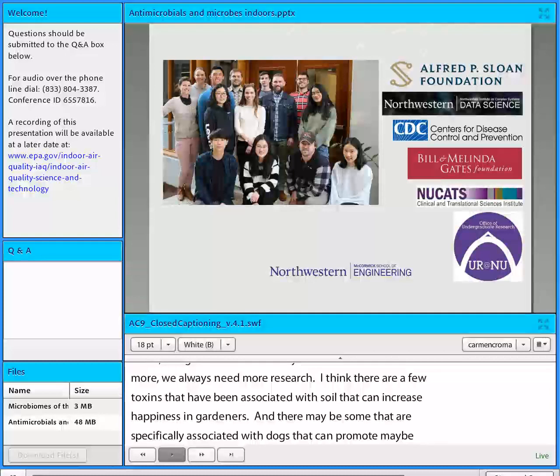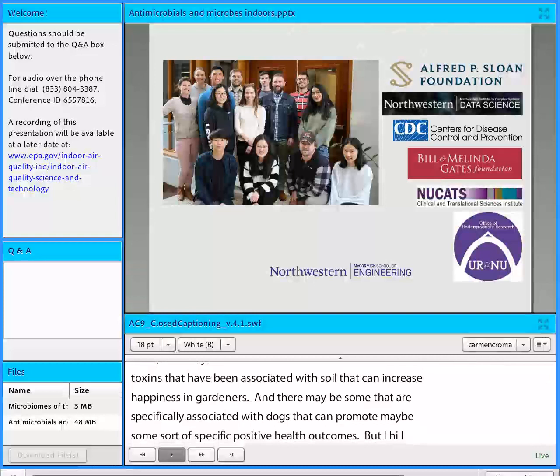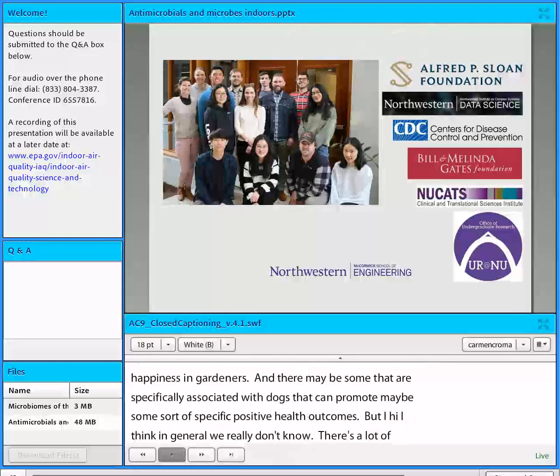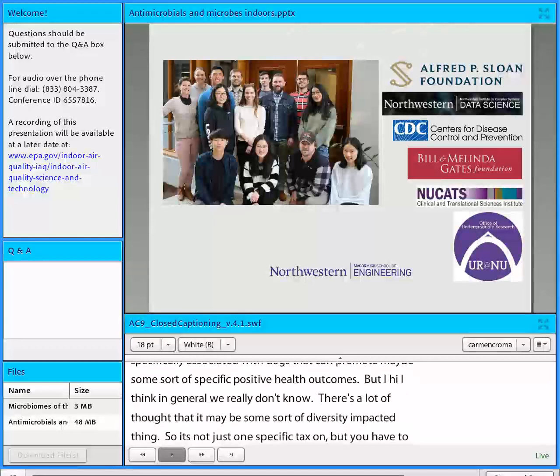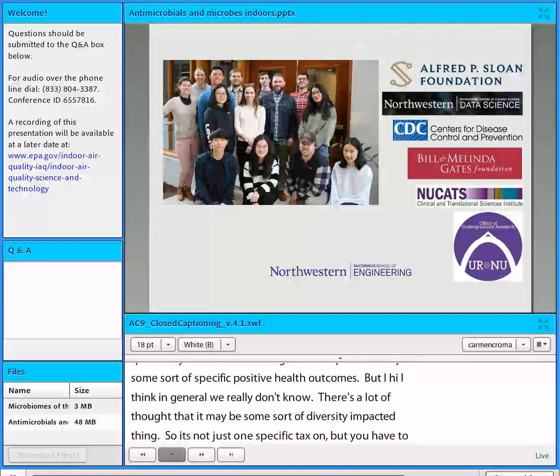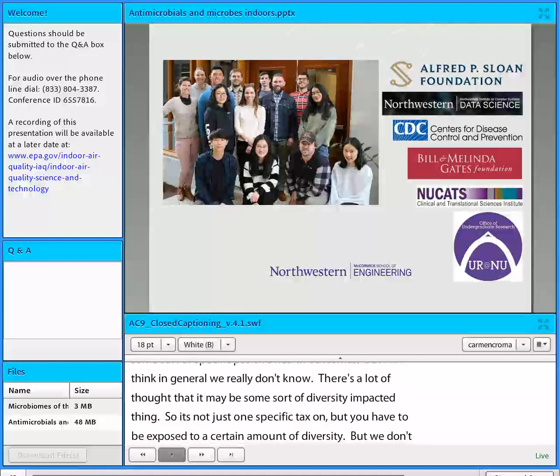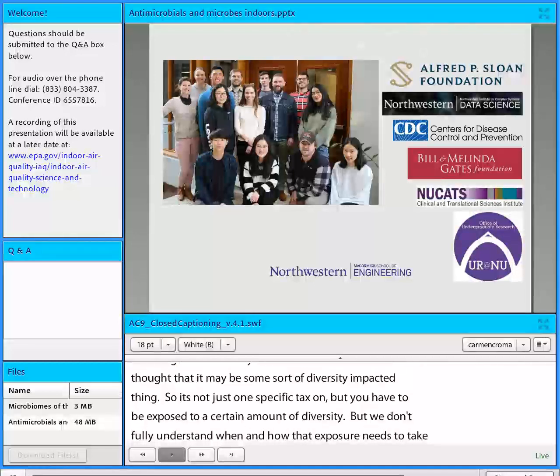But I think in general, we don't really know. There's a lot of thought that it might be some sort of diversity-impacted thing. So it's not just one specific taxon, but you have to be exposed to a certain amount of diversity. But we don't fully understand when and how that exposure needs to take place. So let's keep studying it.